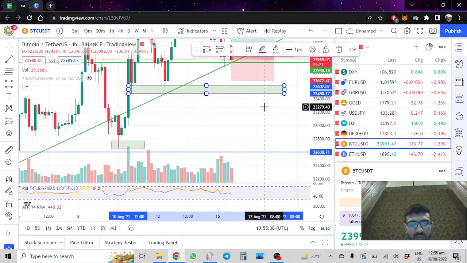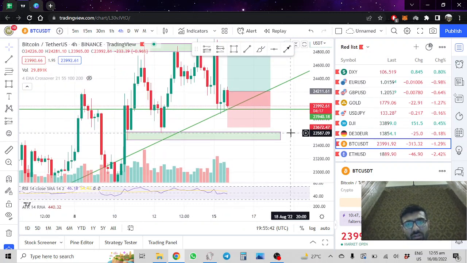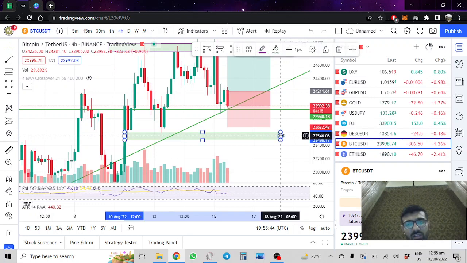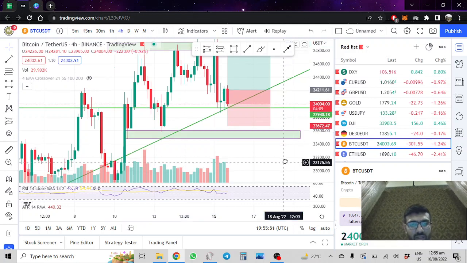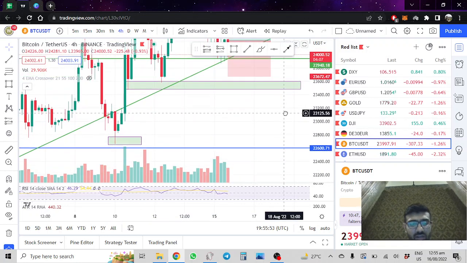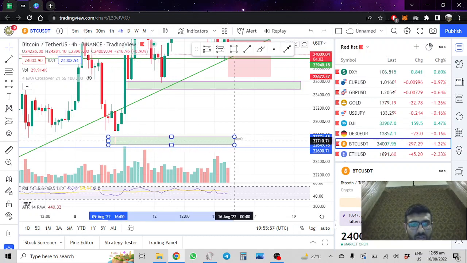If this area would be tested tomorrow, and if we have 4 hour green candles close from this area, then I would be looking for a potential long trade. Okay, and if we have a further fall, then I would be looking for a long trade from this area.